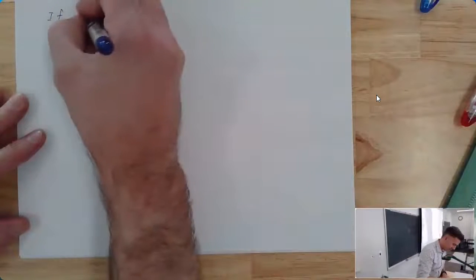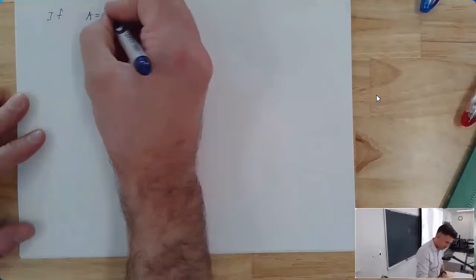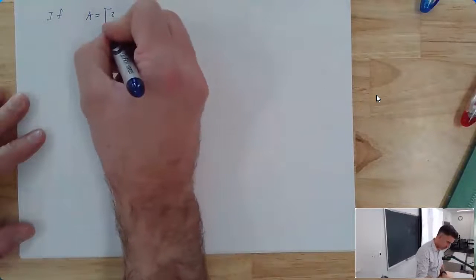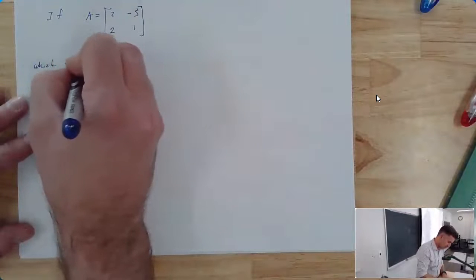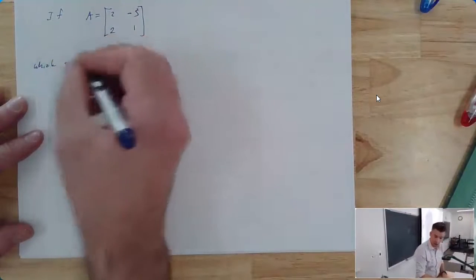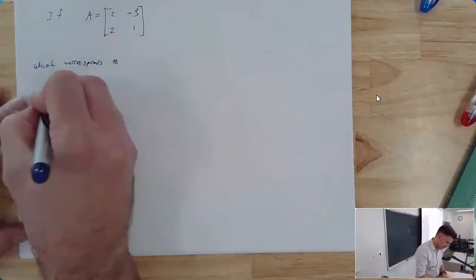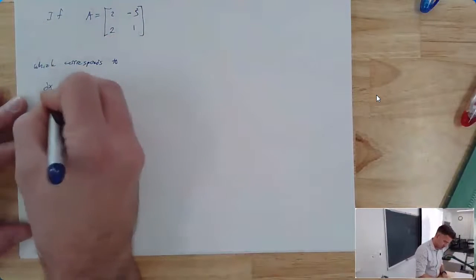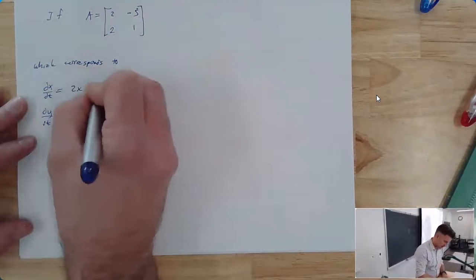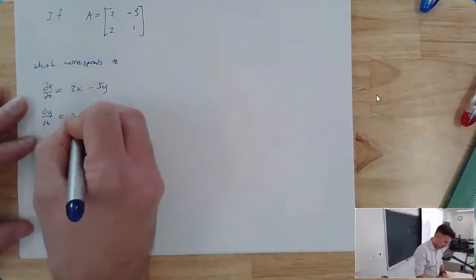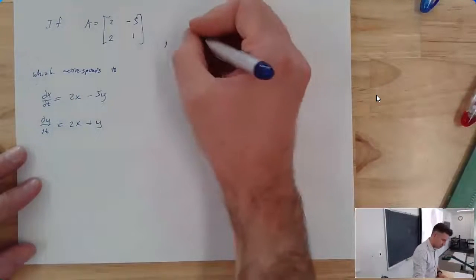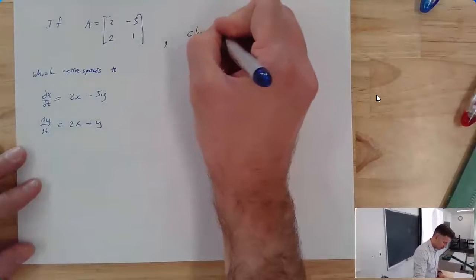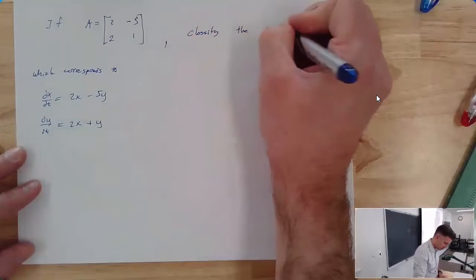For example, if we have A equal to [2, -5; 2, 1], which corresponds to the system dx/dt equals 2x minus 5y, dy/dt equals 2x plus y. Classify the stability of the origin.